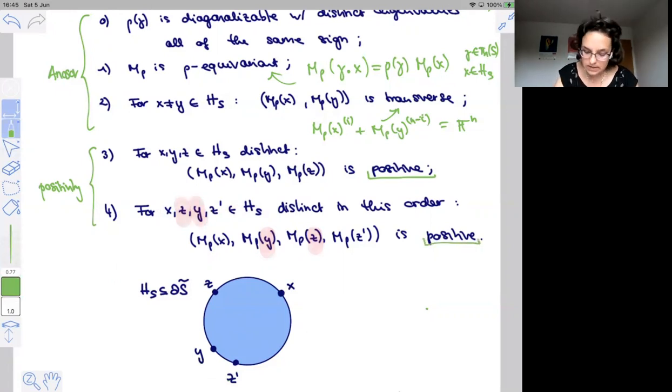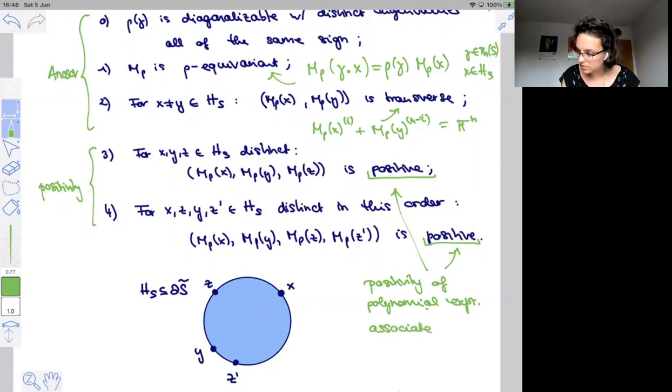I'll give an example in a moment, but this just means that you have some rational or polynomial expressions that are associated to triples and quadruples of flags.